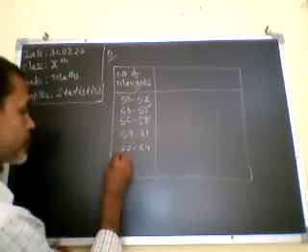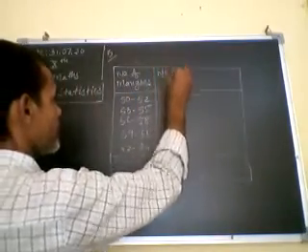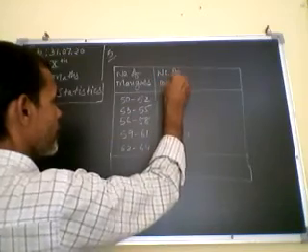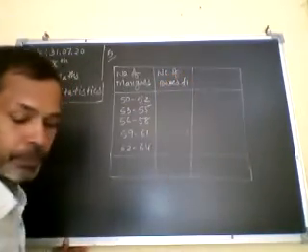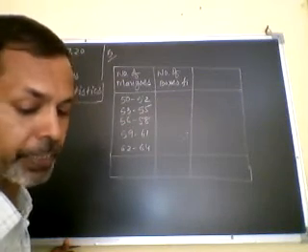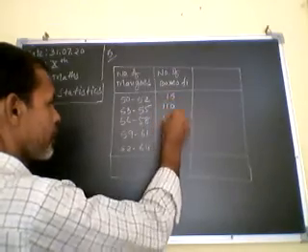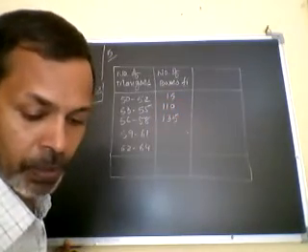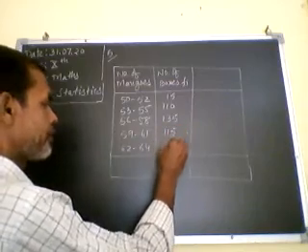Number of boxes, fi: 15, 110, 135, 115 and 25.